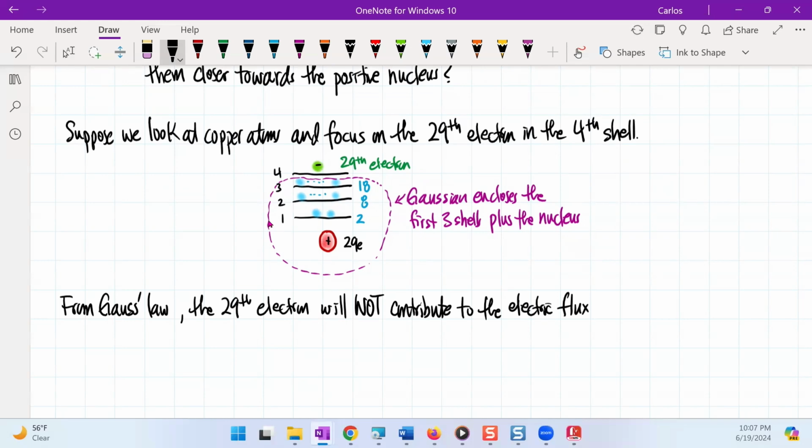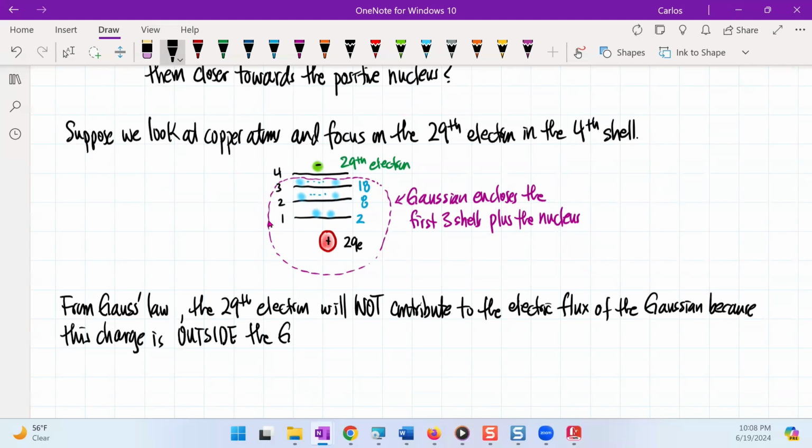It will not contribute to the electric flux of the Gaussian, because this charge is outside the Gaussian.